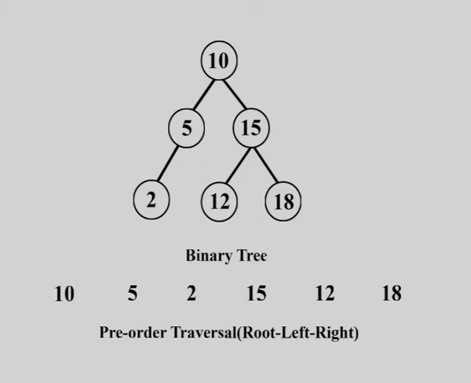Now is the turn of right child of node 5. As the right child of 5 is not present, it means the left subtree of root node 10 has been traversed, and now is the turn of right subtree of root node.